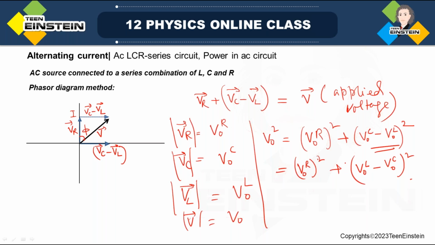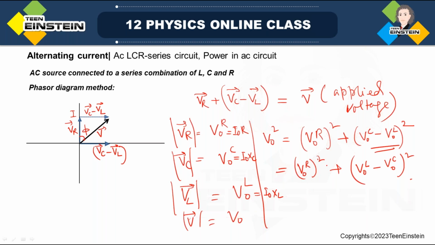Now see, this I know. This means I0 into R, this means I0 into XC, and this means I0 into XL.